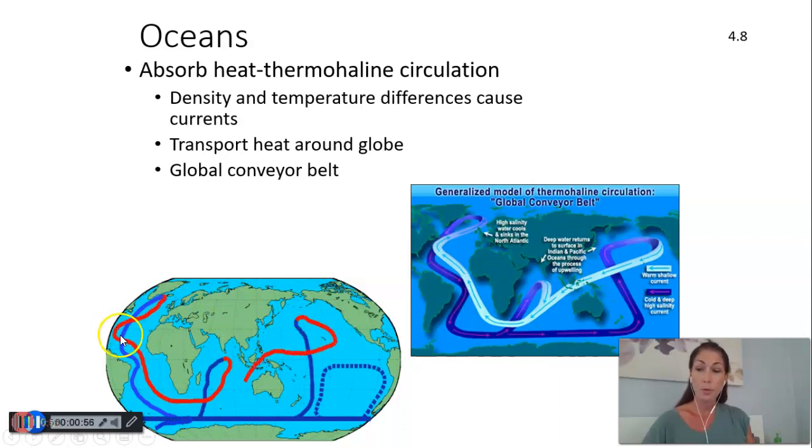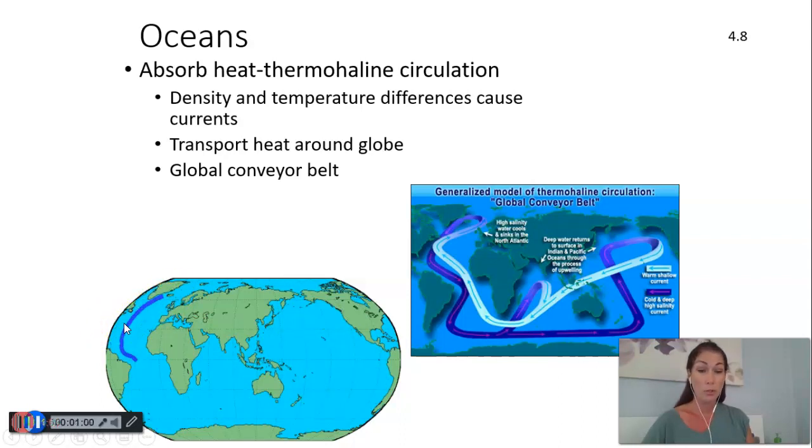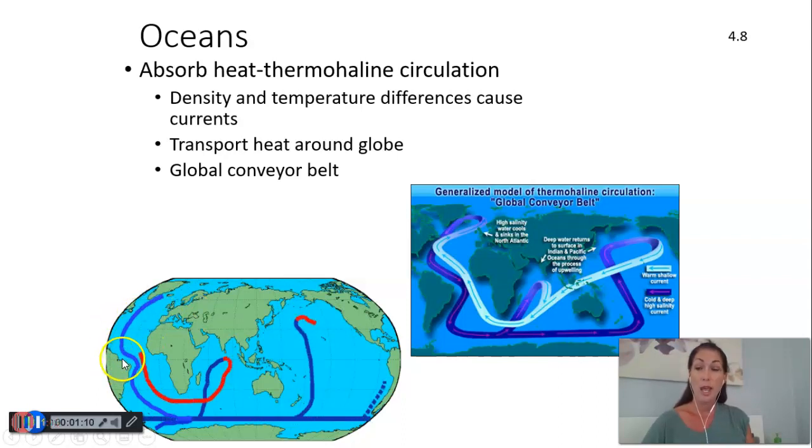Over here, you can see this one right here is our Gulf Stream. The Gulf Stream picks up heat energy from the lower tropics, and it transfers heat energy actually across the Atlantic Ocean, and it's a great climate regulator. Now, what drives these ocean currents is density differences.